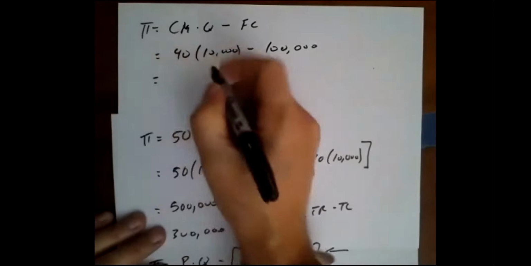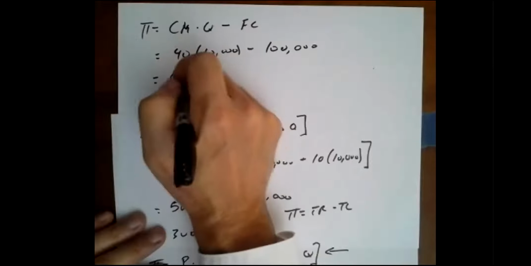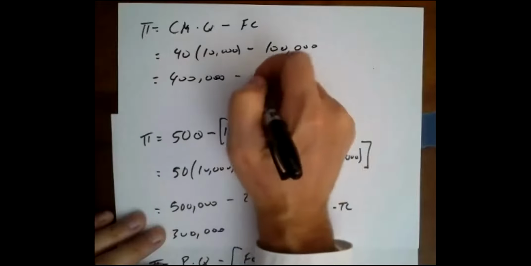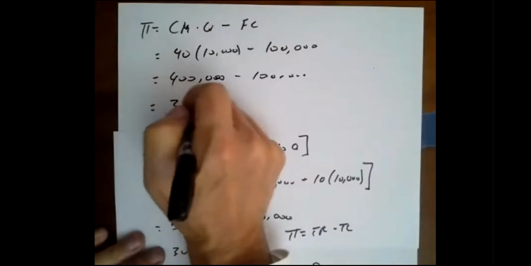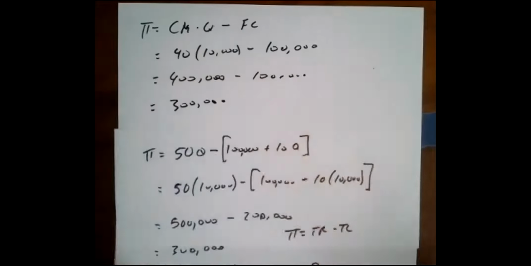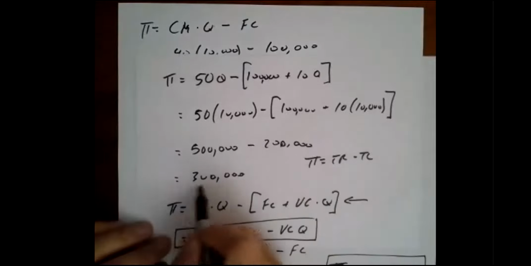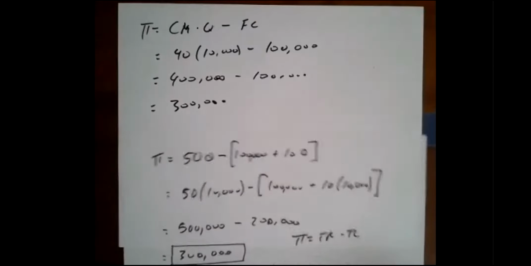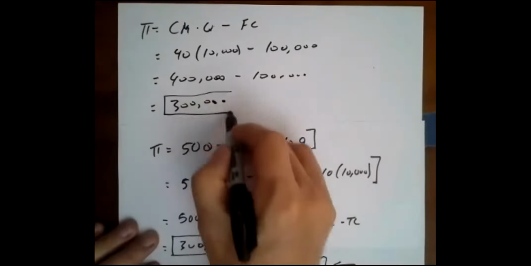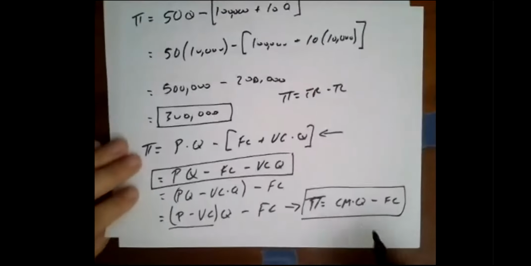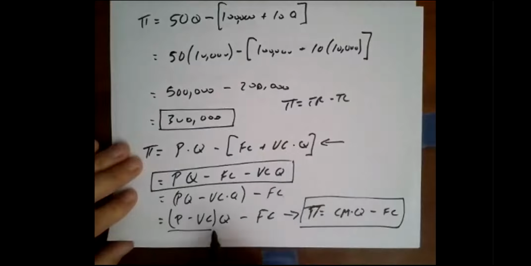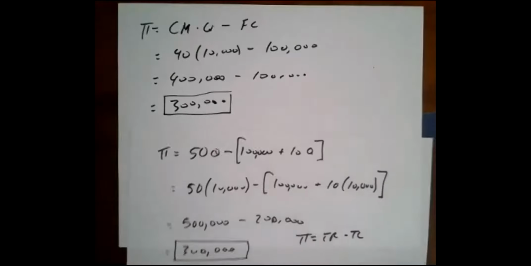We get 40 times 10,000 is 400,000 minus 100,000 gives us a profit of 300,000, which is what we got a minute ago here, right? So that's just, again, because all I did was manipulate and substitute contribution margin for price minus variable cost.